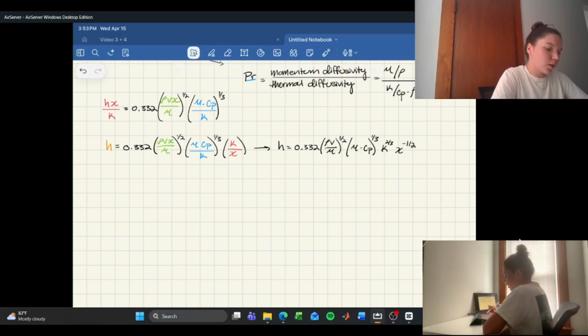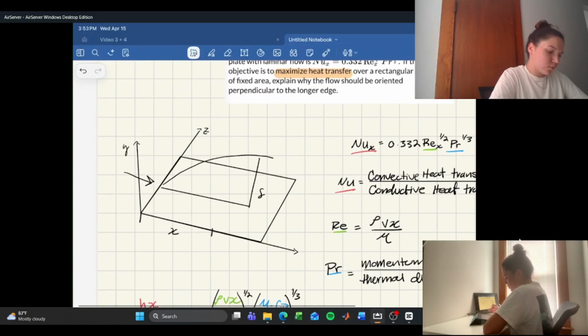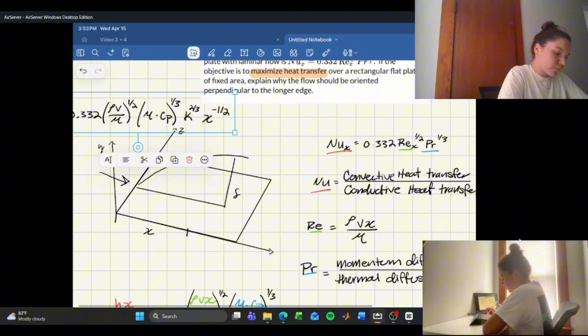Okay, so we're trying to maximize heat transfer, right? So I'll move this up by the picture here.